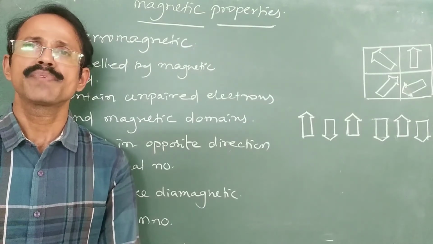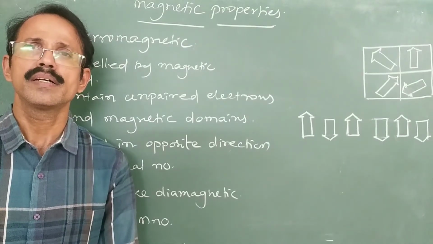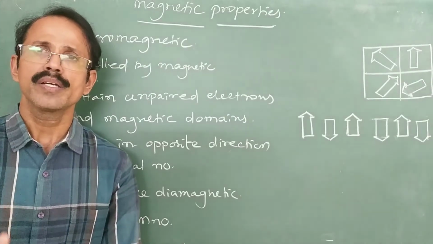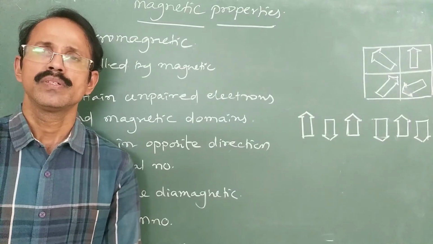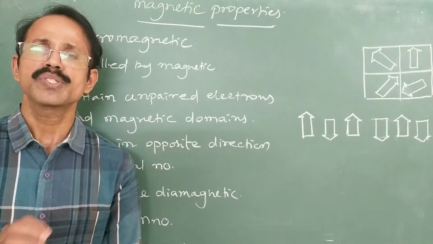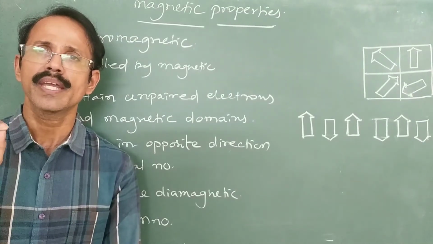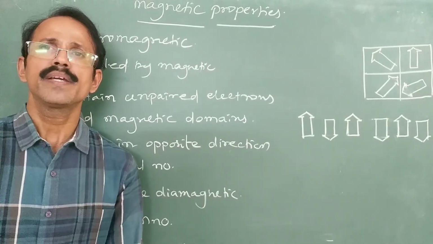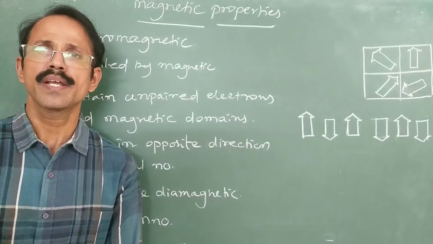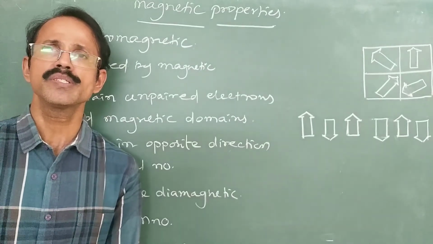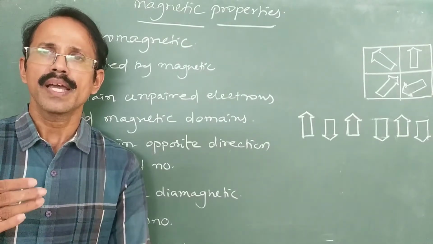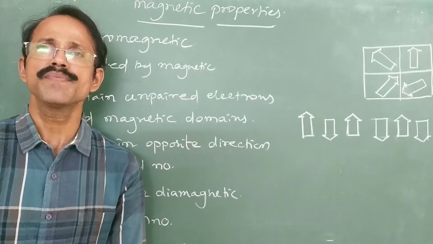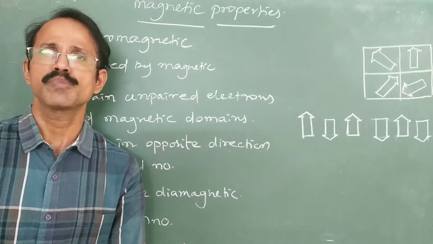So what is the basic difference between ferromagnetic and antiferromagnetic substances? Both contain magnetic domains aligned randomly in the absence of a magnetic field. But when kept in a magnetic field, all the magnetic domains are aligned in a single direction in ferromagnetic substances, whereas they are aligned in opposite directions but in equal numbers in antiferromagnetic substances.